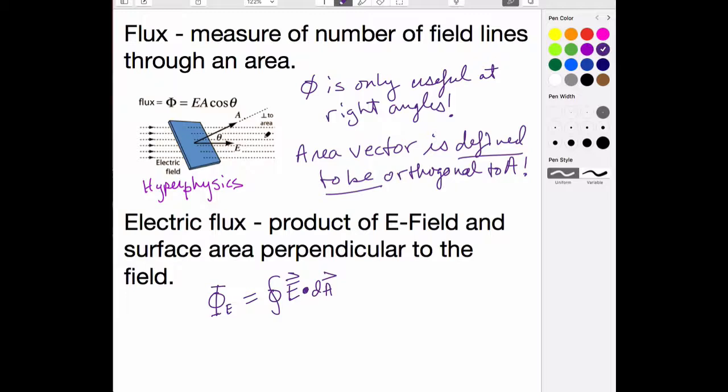Flux is the relationship between the area vector, which is always perpendicular to the surface, and the E field lines. If those two things are parallel to each other, you have a pretty straightforward integral, or a pretty straightforward calculation. If they're not, then you have to treat it as a dot product, and you might have a little bit more work to do.